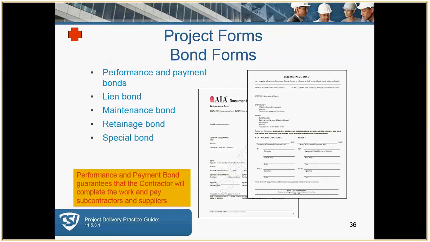If you ask for a performance and payment bond, keep in mind the bond company or surety usually issues a bid bond for free to the bidders, or next to nothing in cost. So if you're going to be asking for a performance and payment bond, there's no reason not to ask for a bid bond for the total value of the project.